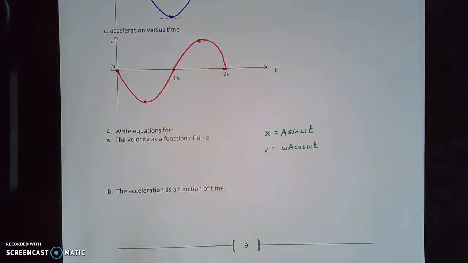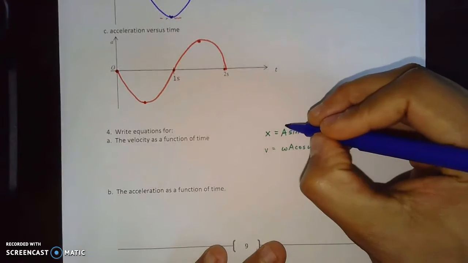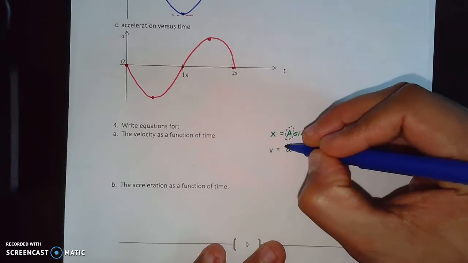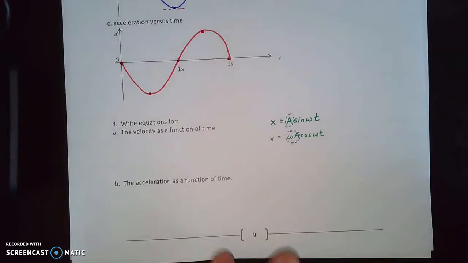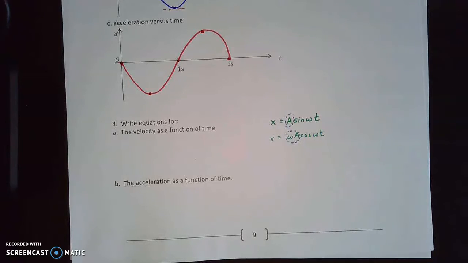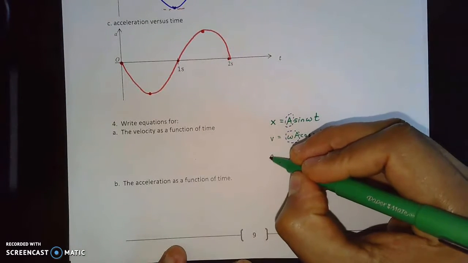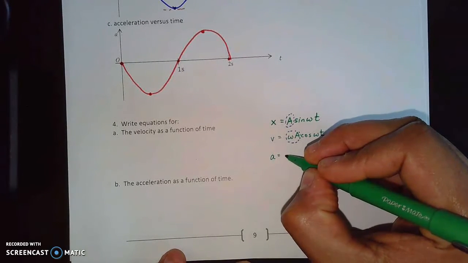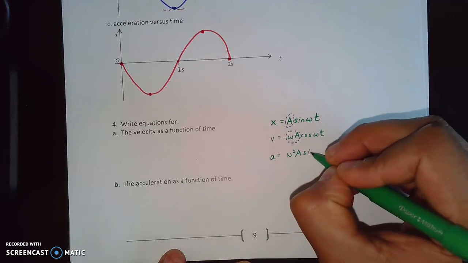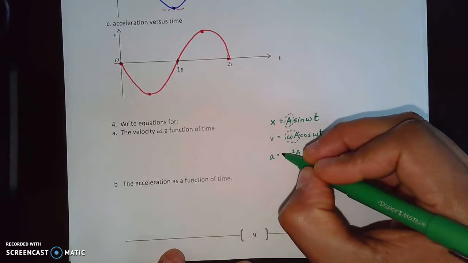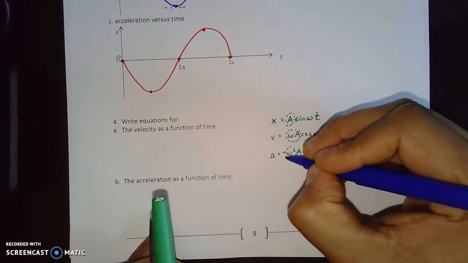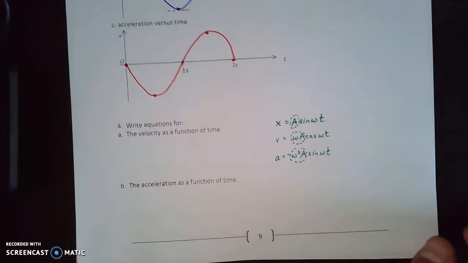So if this is my maximum position from 0, then this has to be my maximum velocity from 0, based on how these functions line up. And I can go one more, all the way down to acceleration, where I would get omega squared, take out another omega, a sine of omega t. In this case, this one is negative, and this would be my maximum acceleration.